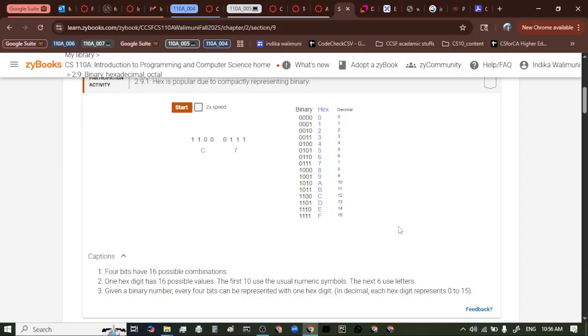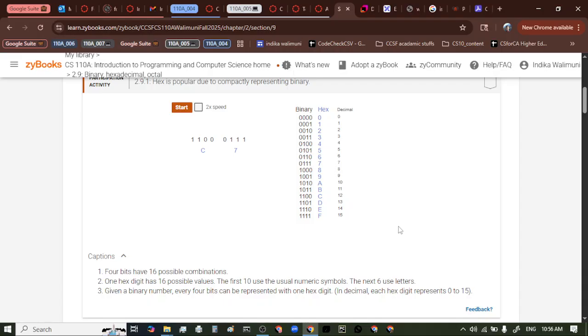Right, so that's the answer. So this has a direct conversion, you don't need to do math between these, but to convert to decimal you need to do the math that we did earlier. Okay, so we learned both ways of doing it mathematically.